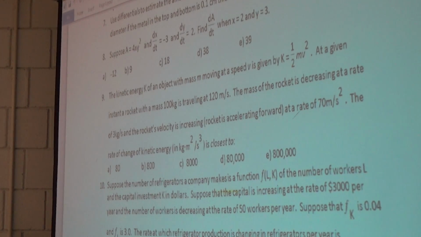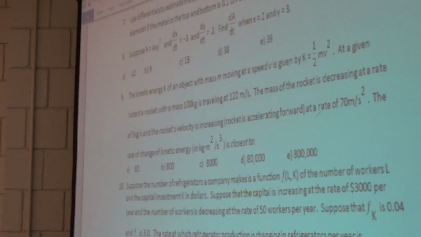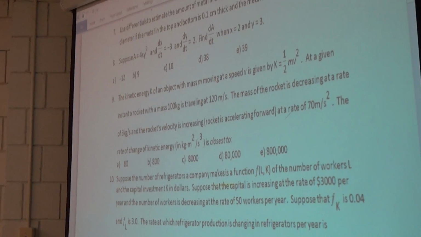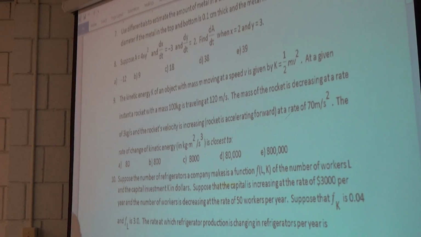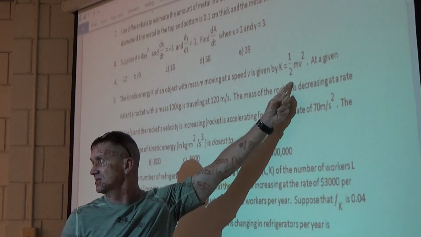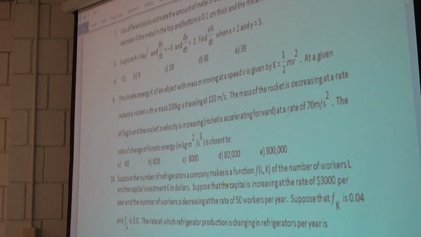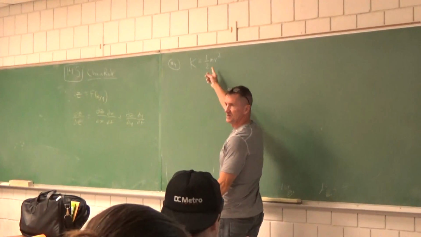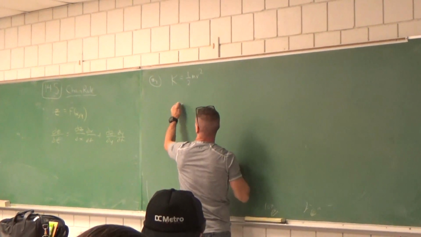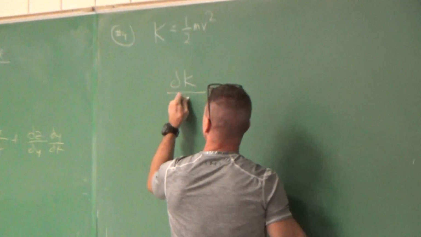So when we're finding rate of change with respect to time, when you hear that in this course, you're thinking chain rule. Because I need rate of change with respect to time, and this doesn't have time, right? So K is a function of how many variables? Two. So this is what we're looking for: dK/dt.